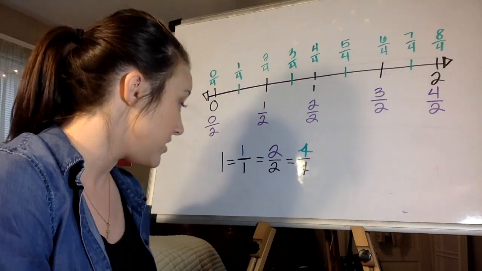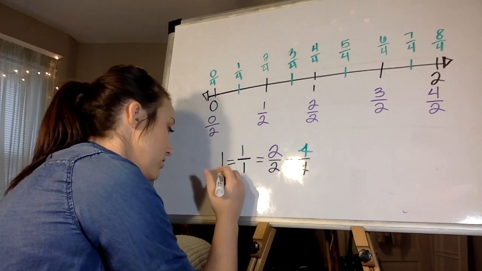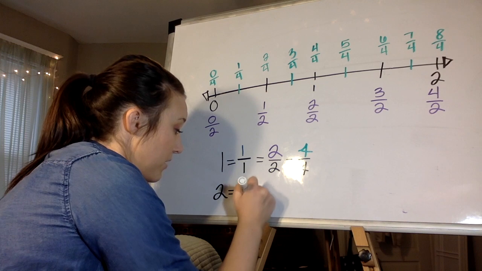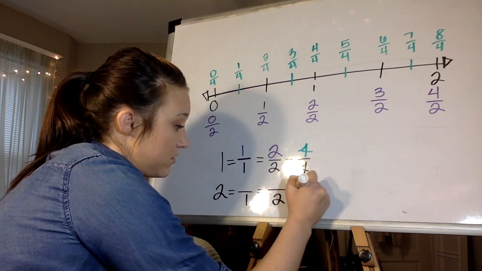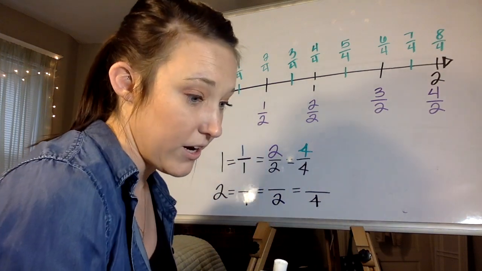And then we have to do it again with what 2 wholes equals. So we have 2 equals something over 1, something over 2, and something over 4. All right?